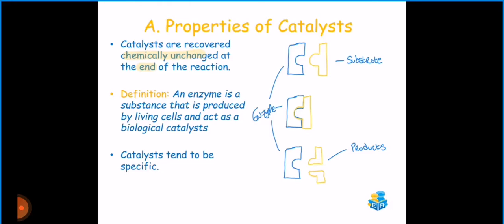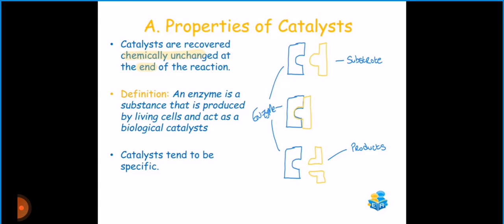Now, catalysts tend to be very specific. So as we can see here in my diagram, the substrate goes into the enzyme to give us step 2. And once the reaction happens, it leaves the enzyme and forms our products, with our enzyme left ready to go for the next reaction to happen.